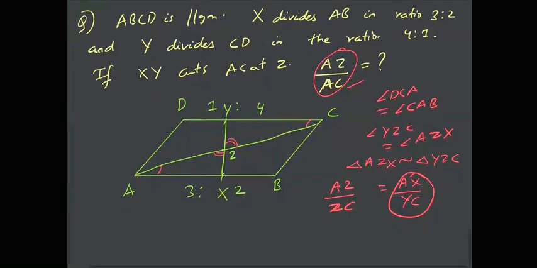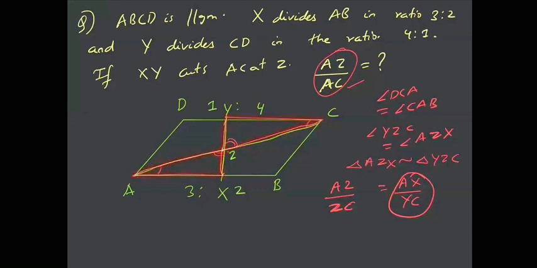Okay, so let us just repeat quickly what we have done. We have joined XY and AC, and we need to find AZ over ZC. Okay, because if we get AZ over ZC, then we can easily find AZ over AC. Fine. So we observed the similar triangles, and we found that triangle AZX is similar to triangle YZC.